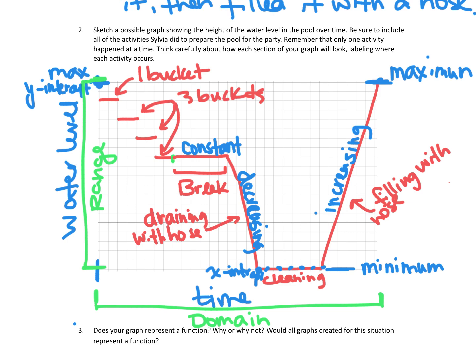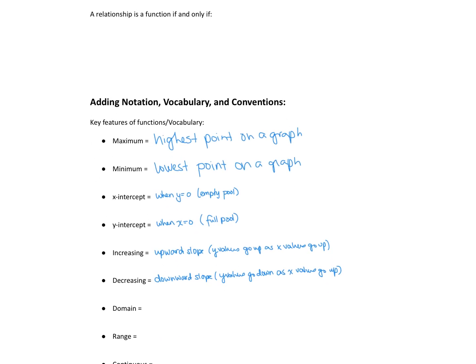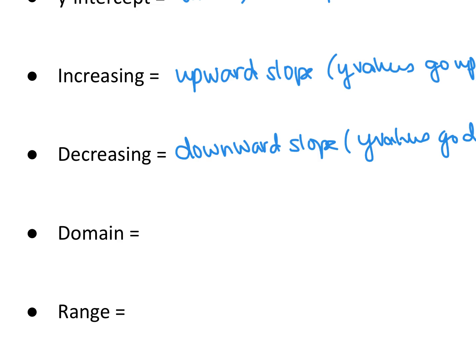Okay, let's go ahead and add domain and range down here to our vocab list. So the domain, we already knew was the x values. In this situation, it was our start to ending times.